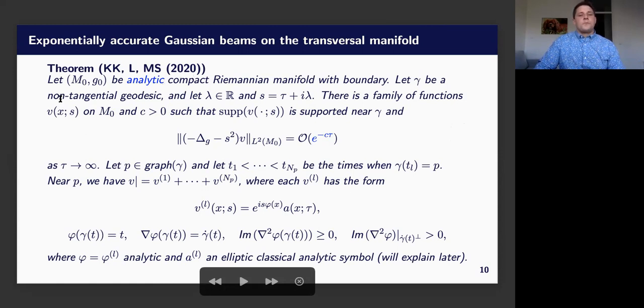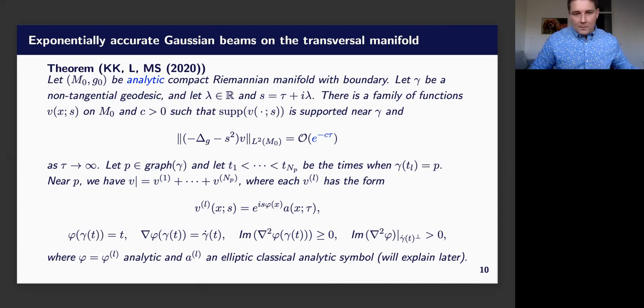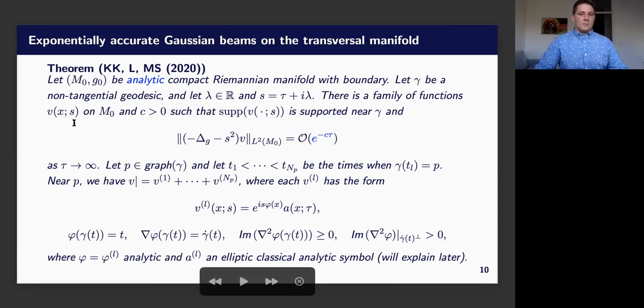So let the transversal manifold be analytic now, compact with boundary. Let gamma be a non-tangential geodesic, and lambda be fixed, and s the complex frequency tau plus i lambda. In this case, there is a family of functions v, parameterized by this complex frequency s on the transversal manifold, and a positive constant C, so that these functions v are supported near the geodesic gamma, and they satisfy this condition here.